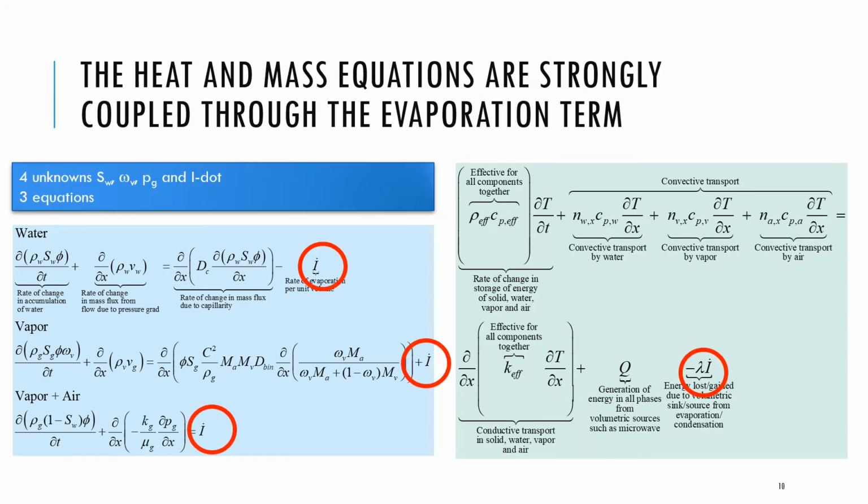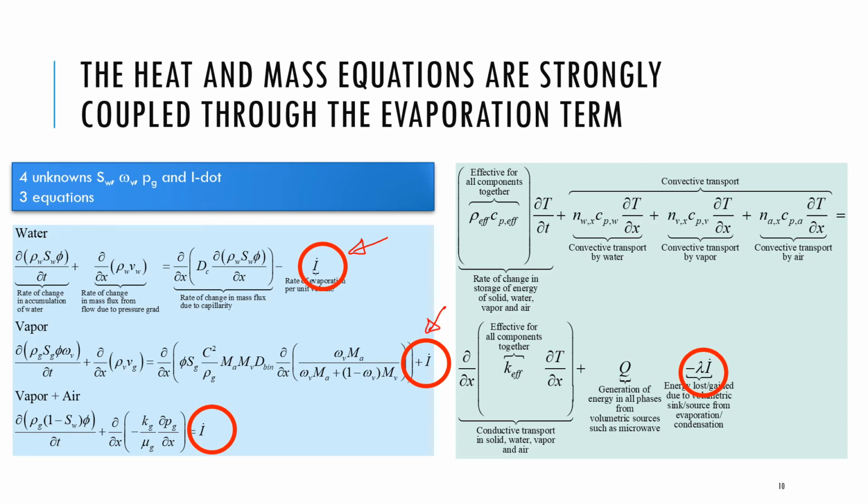Now it is very important to realize that these equations are strongly coupled, and coupled in more than one way, but one of the obvious ways is through the evaporation term. So water is reduced due to evaporation, so it has a negative I dot term.